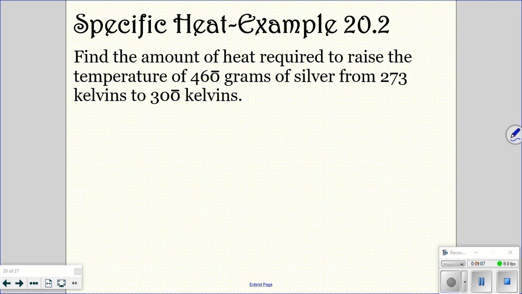Alright, so let's look here. Find the amount of heat required to raise the temperature of 460 grams of silver from 273 kelvins to 300. So we're going to start with our formula. That's supposed to be a T. So we are looking for our Q. We need to find the mass, and the mass is always in kilograms, but they gave it to us in grams.